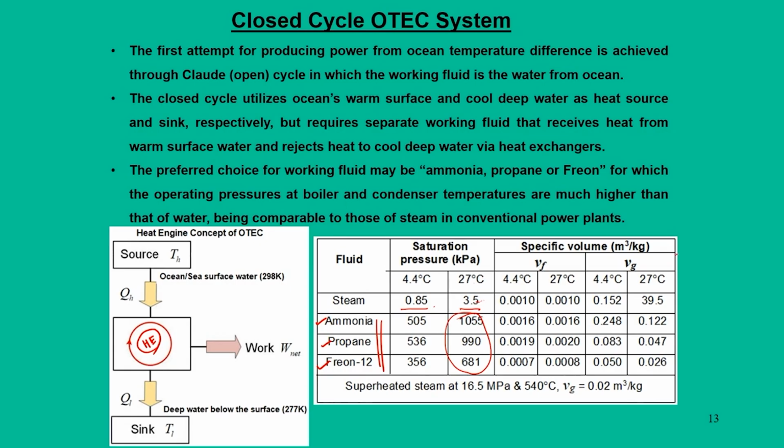Now, if you compare this low temperature cycle with superheated steam, in a steam power plant we are looking at operation at about 16.5 megapascal and 540 degree centigrade, with specific volume close to 0.02 cubic meter per kg, as compared to a very high specific volume for low temperature cycles.